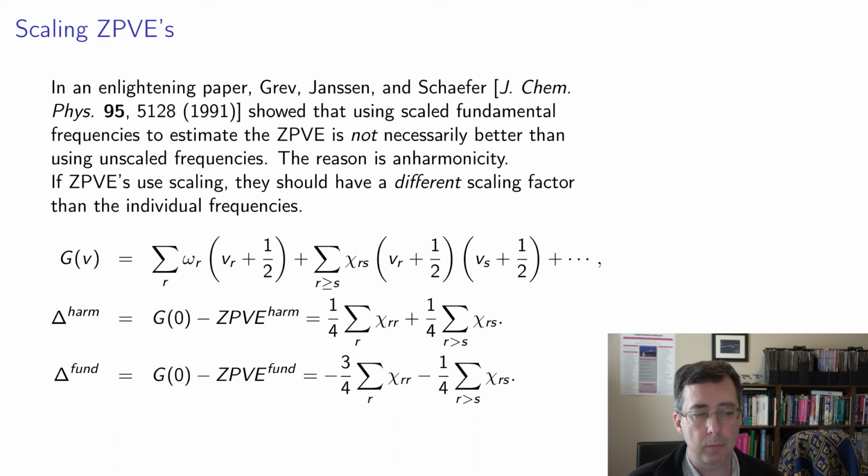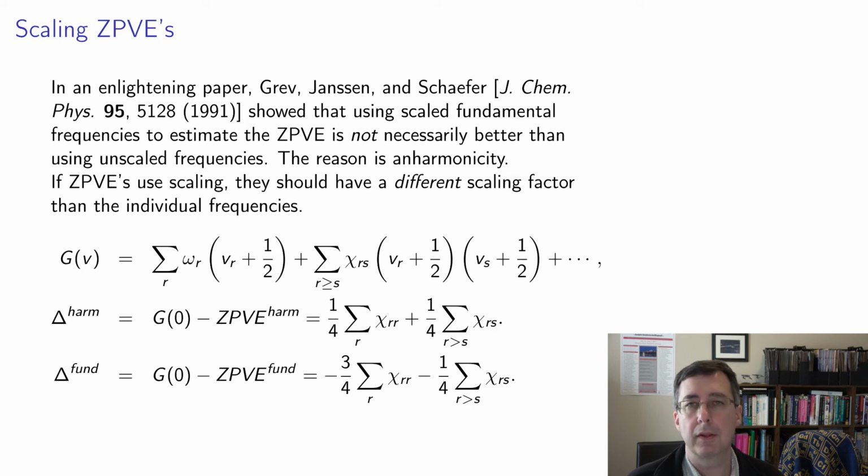So the paper says, well, suppose I used a harmonic approximation to the zero-point energy, and I got the difference between that harmonic approximation and the true zero-point energy with V equals 0. Well, that error from using a harmonic value for the zero-point energy is this equation that I've given you with some of these chi's.